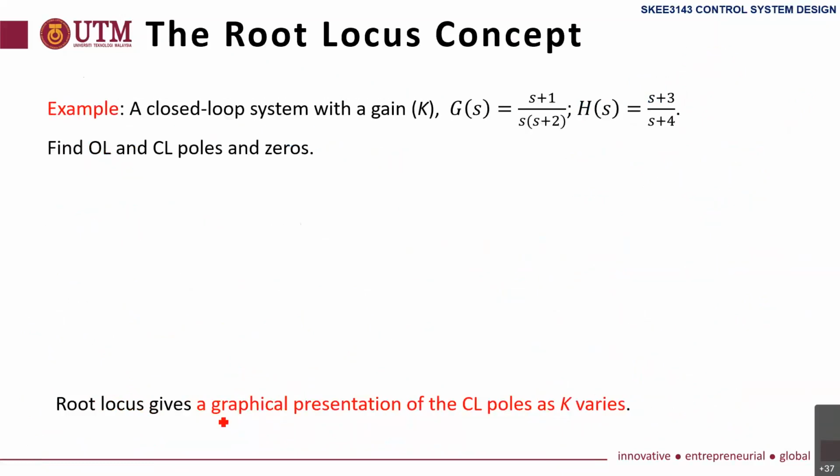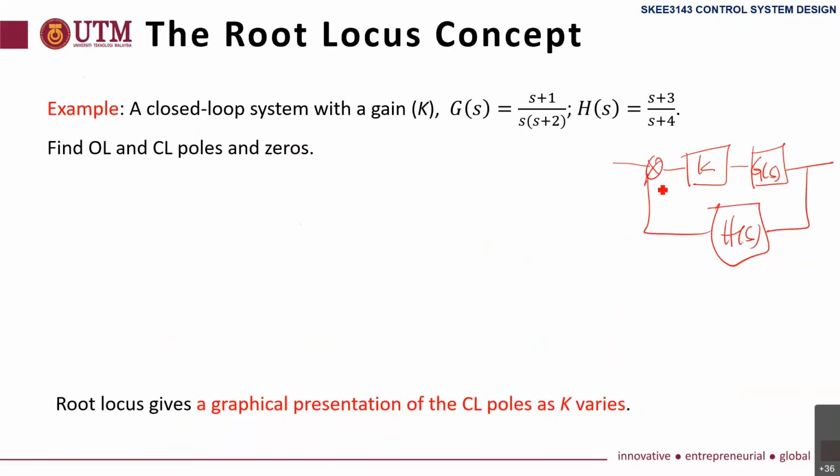Okay, let's do one example first to see what we just discussed. Let's take a system here, K, G(S), H(S), in which this is G(S) and this is H(S).